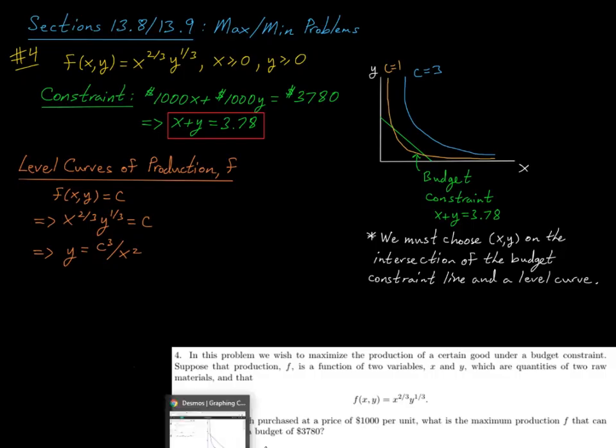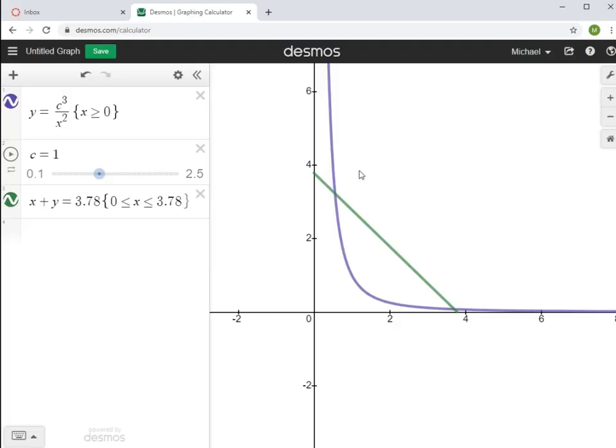Okay, now let me jump over real quick to Desmos to illustrate this further. So I have our budget constraint line in green here, and here's our level curve when c is equal to 1. So for example, when I look at the intersection point here, if I use 0.557 units of raw material 1 and 3.223 units of raw material 2, I'm going to get a production level of 1.